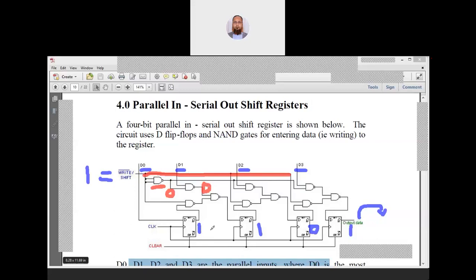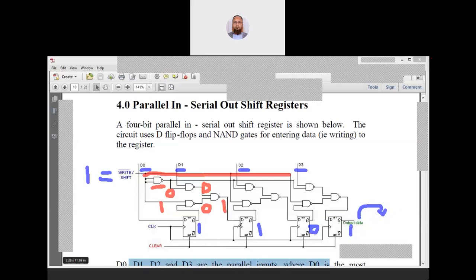Here the data stored was 1, so what is coming here? This is 1, 1 and 1. Both NAND gate inputs are 1, so this will be 0. Both the inputs of the NAND gate are 0, so this would be 1.